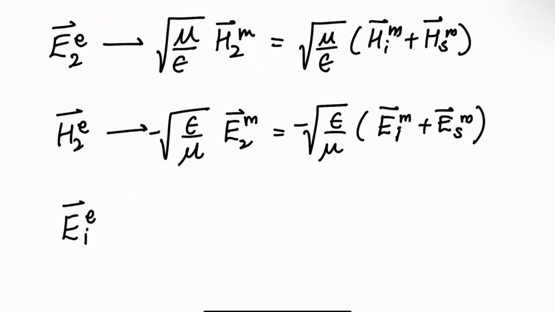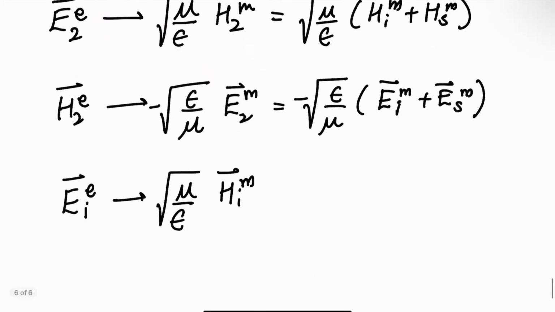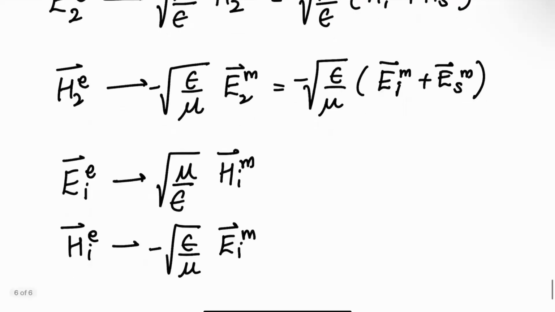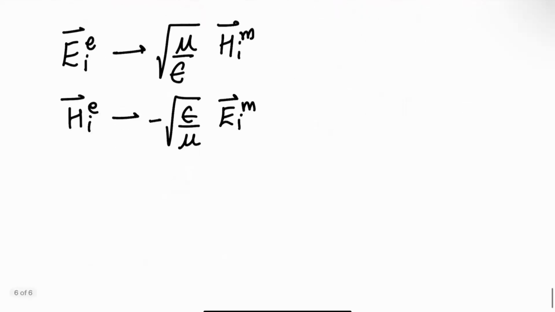So how do they satisfy duality? EIE goes to square root of mu over epsilon HIM, for the magnetic source, and HIE goes to minus square root of epsilon over mu EIM. That would be the dual of the incident fields.